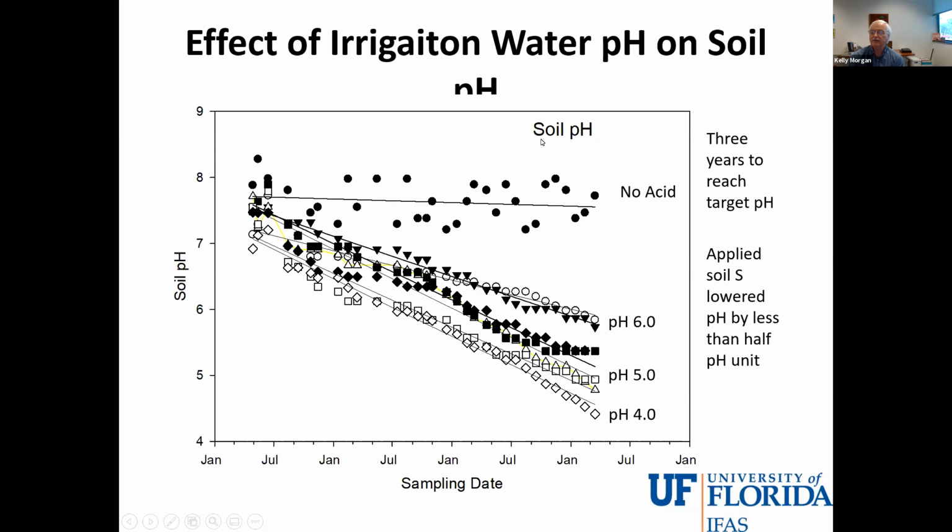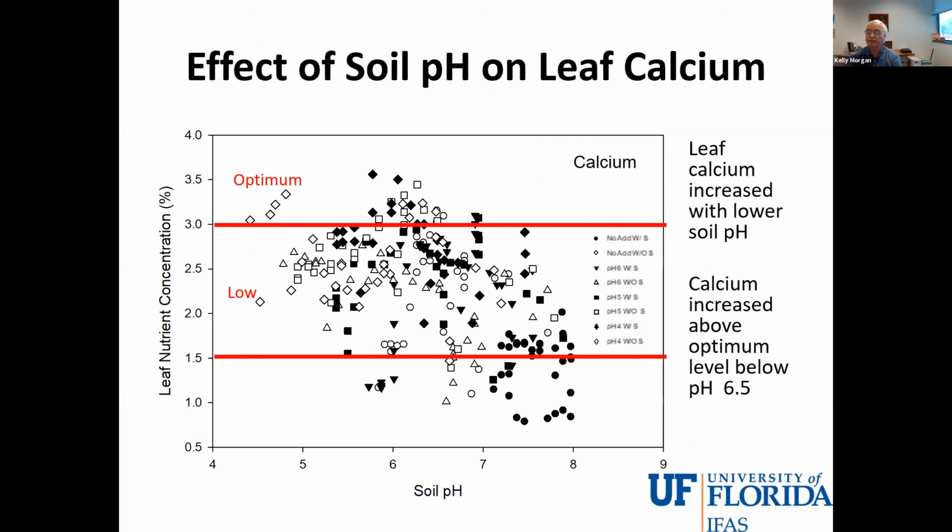And you can see that it took a substantial time, from January of one year to June of the following year, before we got the pH down to our target levels, somewhere down in the 4 range for a pH of 4, and about 5 for a pH of 5. So it took much longer than we thought, but just by acidifying the water we got this reaction of lowering our soil pH over this 2-year period of time.